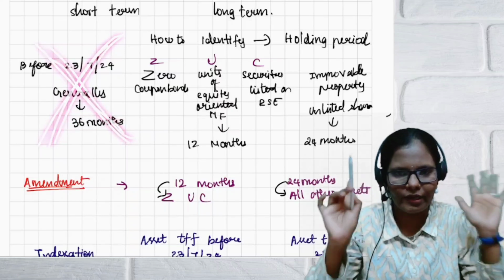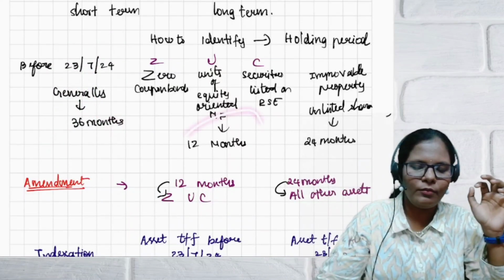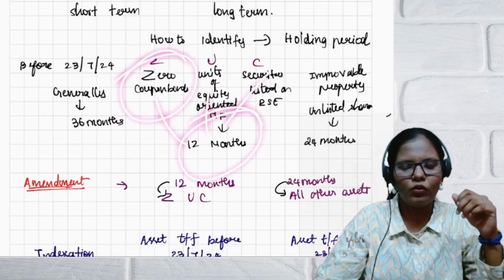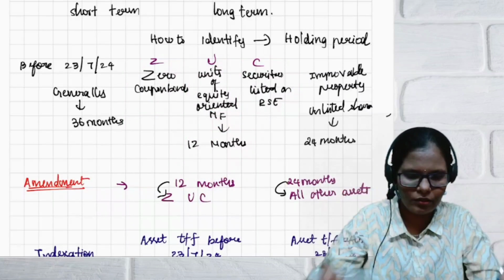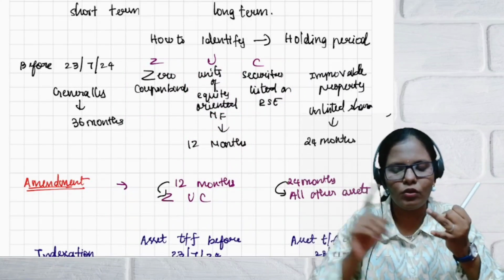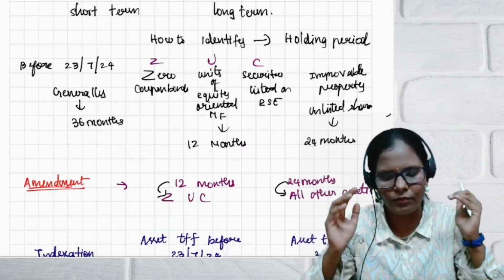We have only two categories, 12 months and 24 months. For 12 months we already know: zero coupon bonds, units of mutual funds, and listed securities. Other than these three items, every other capital asset will fall under the 24 months box.